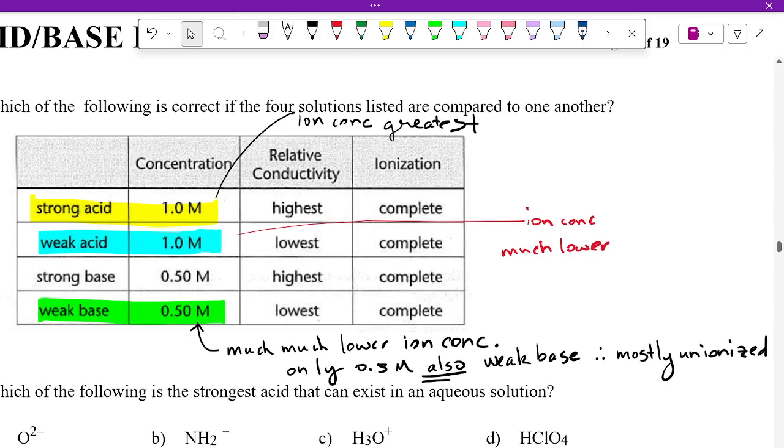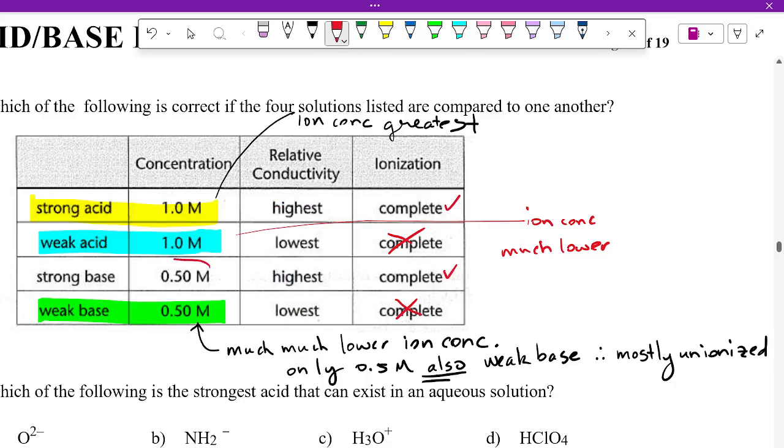Probably a more efficient way to go about this question, now that I'm looking at it, would be to say, weak, ionization is not complete. Ionization is not complete, right? That would be a really efficient way to go about doing this question. And then you could say, out of my 2, my strong acid and my strong base, they both have complete ionization, so that part is correct.